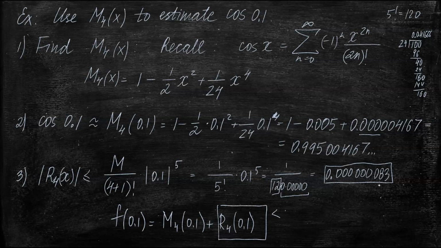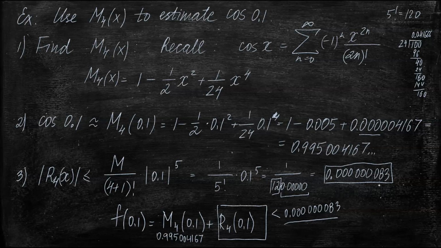So everything that we have left here is less than this number. So that means that this number that we have computed earlier is within, or cannot be more than this away from, the true answer.